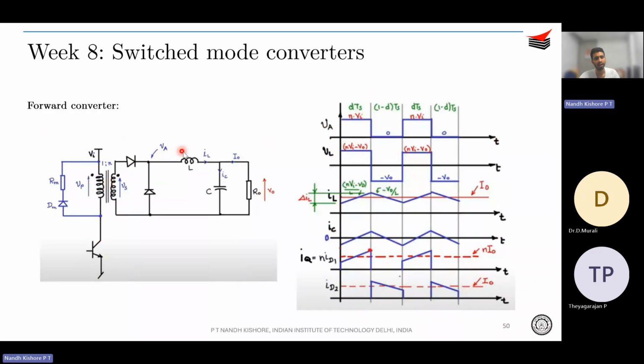And across the inductor, the voltage will vary between, for the buck converter, Vi minus V naught and minus V naught. Here you have N Vi minus V naught and minus V naught. Again, the N Vi is coming only because of the isolation part. So when the switch is turned on, there is a path over here through this.